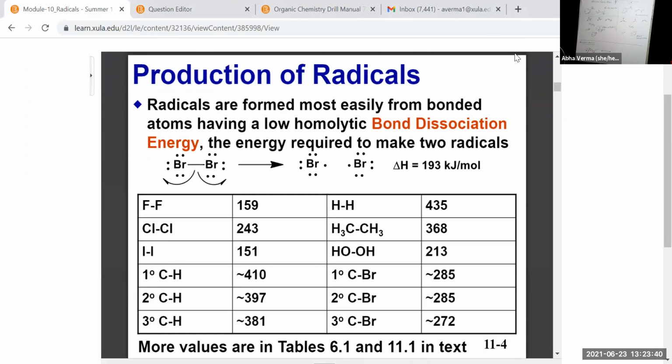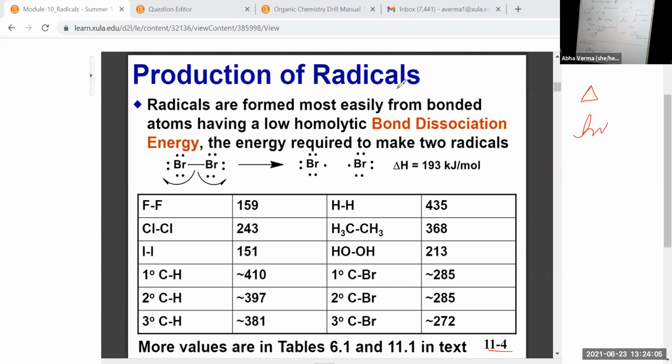Now we have already looked at the production of radicals, the initiators. So heat and light are your major sources of getting radicals into place. But the point is, which bonds will be broken?